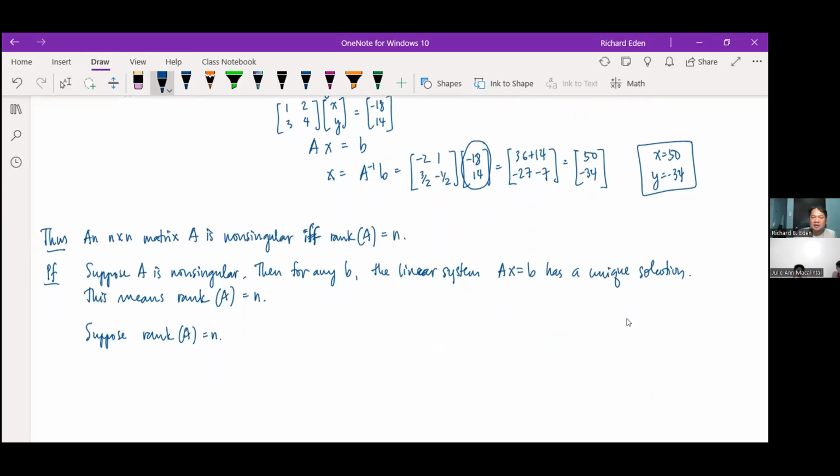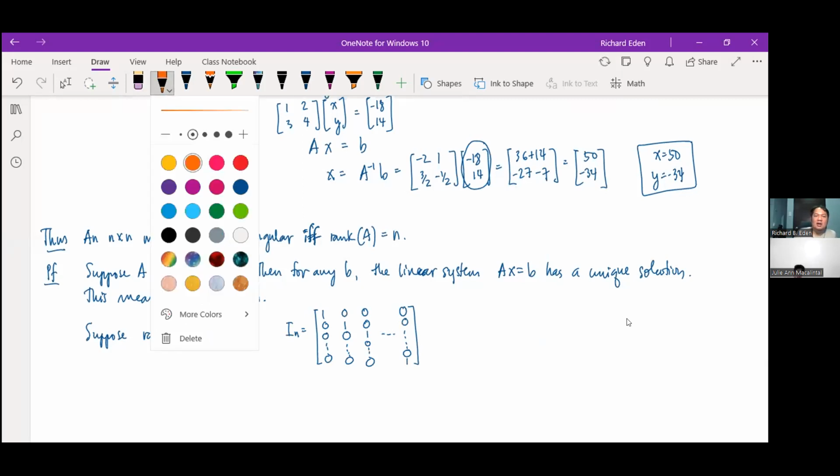Let me write down here, because I'll be using the notation I sub n. You have 1, 0, 0, and all zeros. Then 0, 1, 0, and all zeros. And then 0, 0, 1, and then 0 all the way until the very last column, all zeros down to just before the very last entry, where the lowest entry is 1.